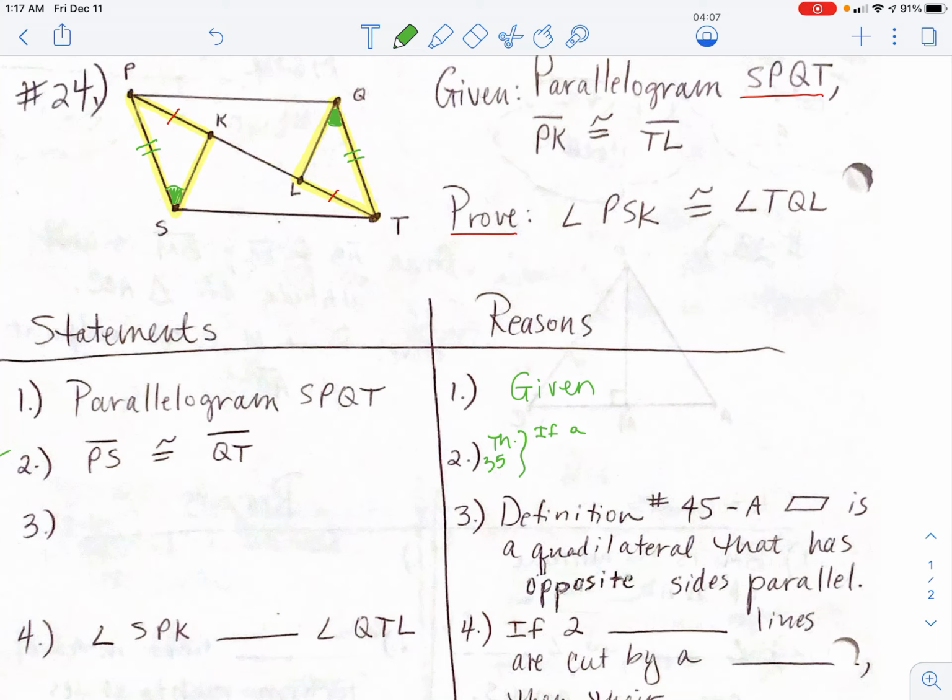Theorem 36 says if a quadrilateral is a parallelogram, I'm just going to draw a parallelogram symbol, then both pairs of opposite sides are congruent. That's why we can make the statement that PS is congruent to QT. All right, let's look at step number 3.